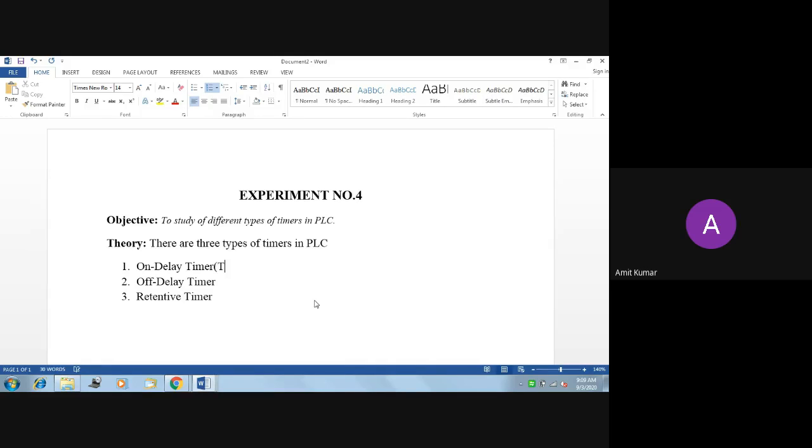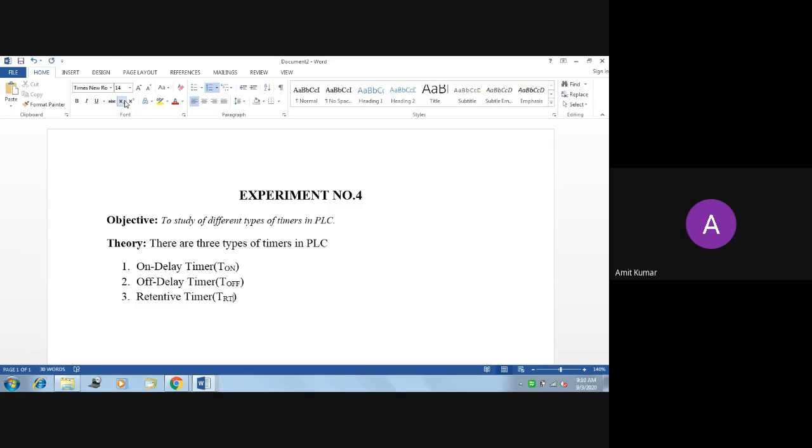So this is known as T on. This is known as T off. So TR, retentive timer.